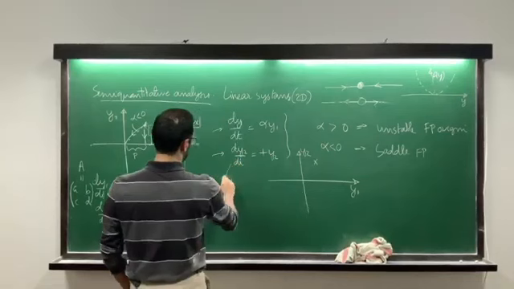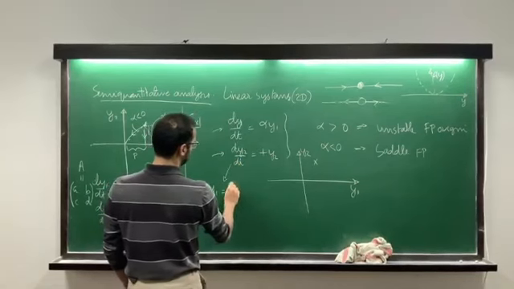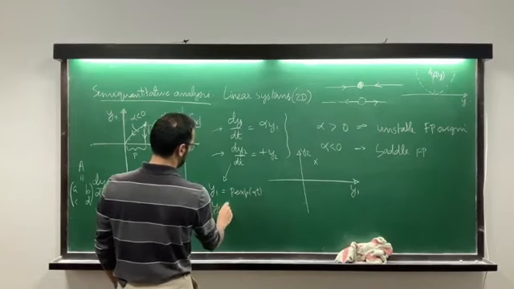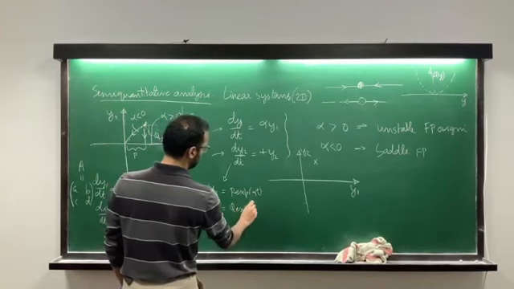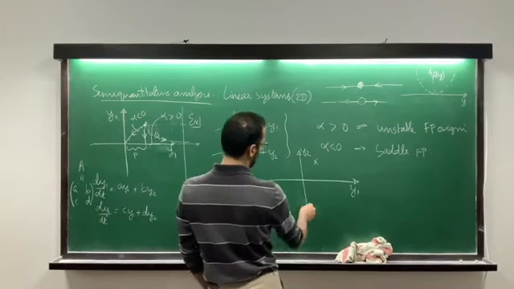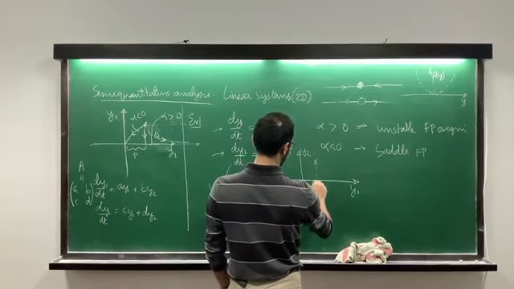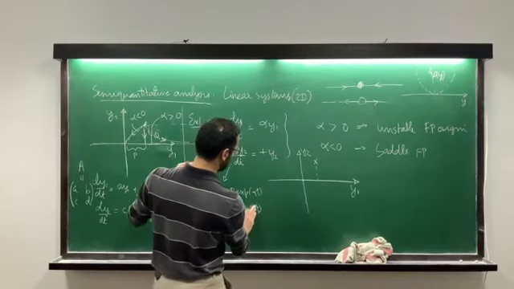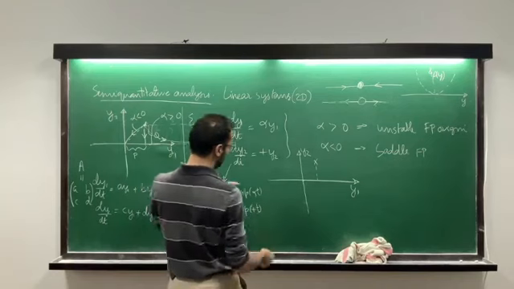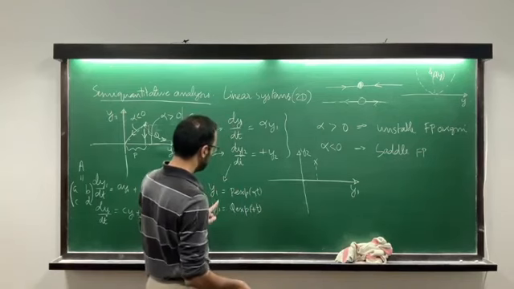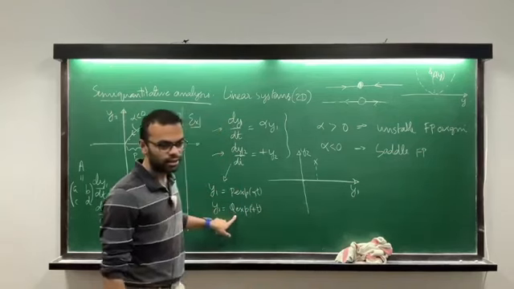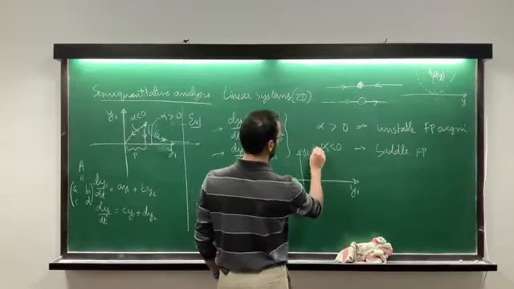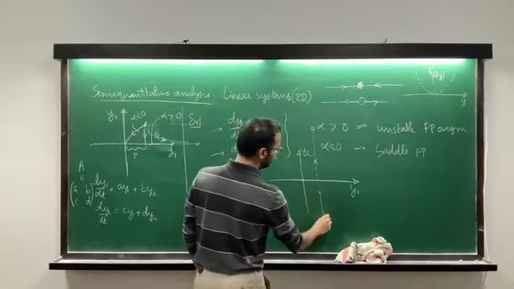If I just write this down, I'm going to get y1 is equal to p times exponential of alpha t, y2 is equal to q times exponential of alpha t. Now if I have alpha equal to 0, y1 is going to be unchanged, and y2 is basically going to grow with t. So if you start anywhere here, you're going to go away.